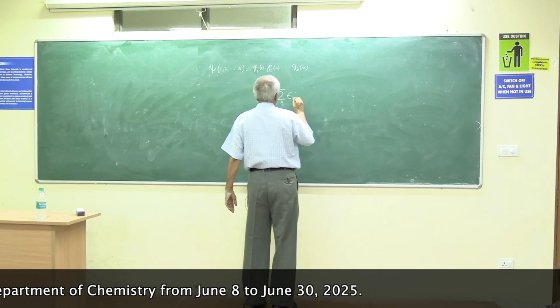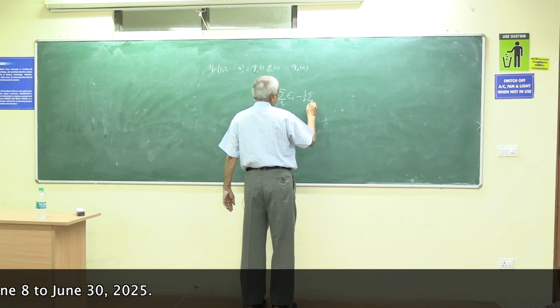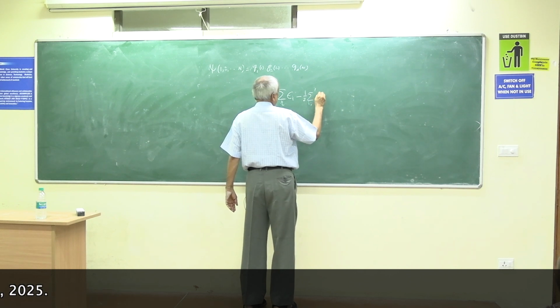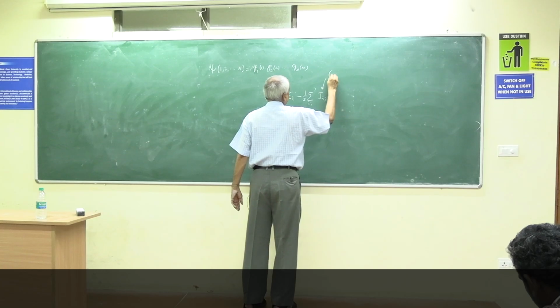So how do you remove it? It should be minus half the sum over i, j of J_ij. This J_ij is called the Coulomb integral.